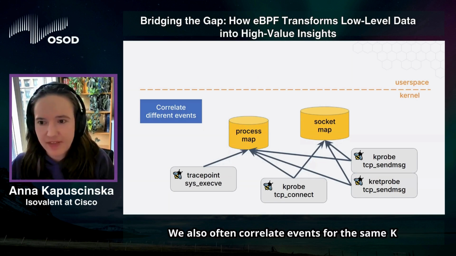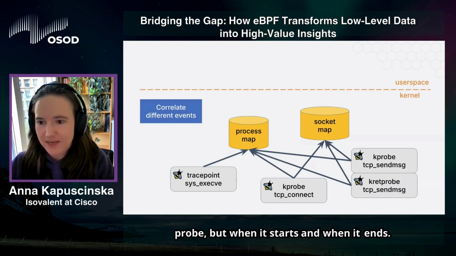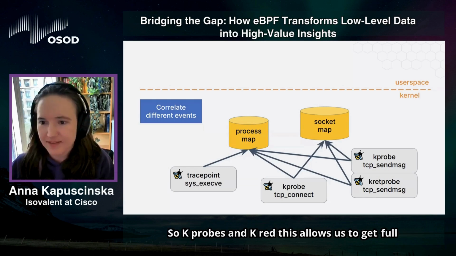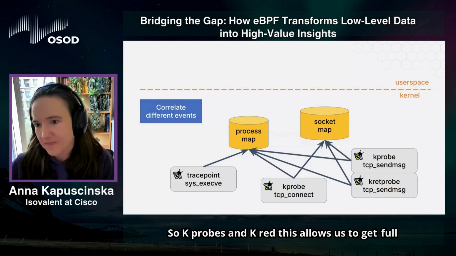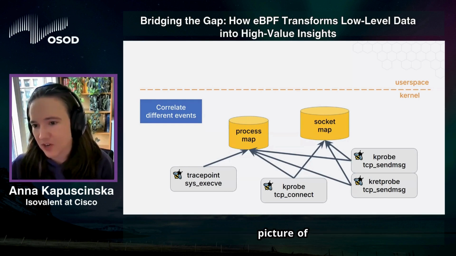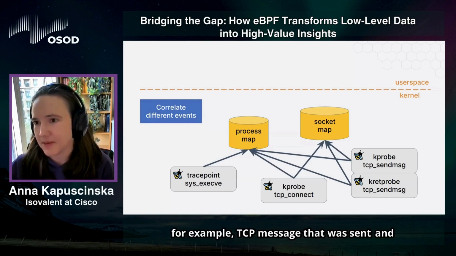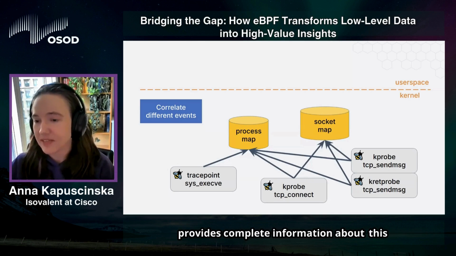We also often correlate events for the same kprobe, but when it starts and when it ends. So kprobes and kretprobes. This allows us to get a full picture of, for example, a TCP message that was sent, and provides complete information about this connection to the user.